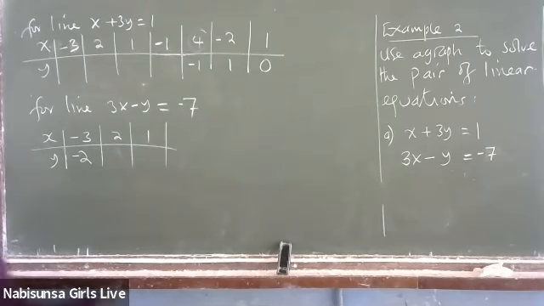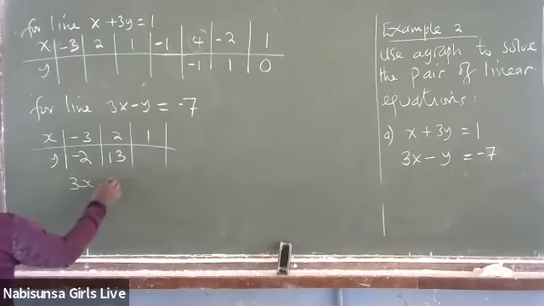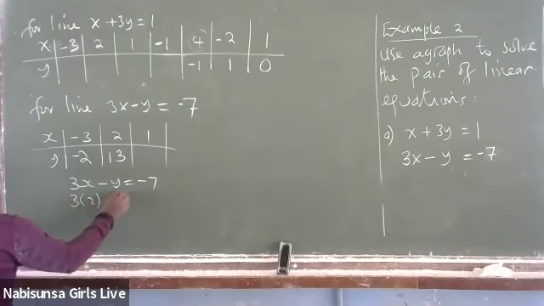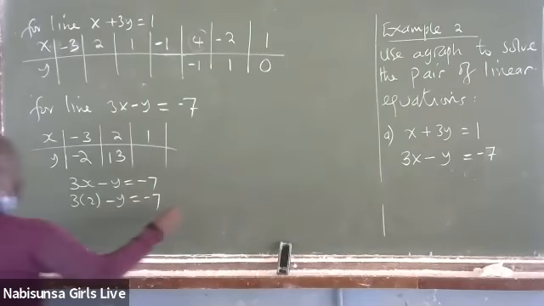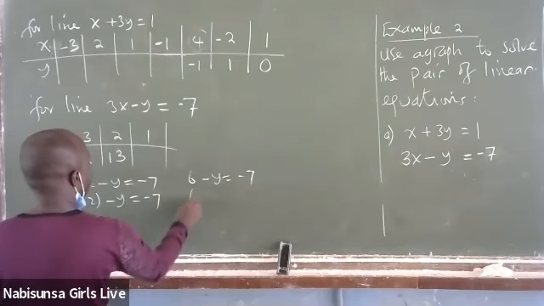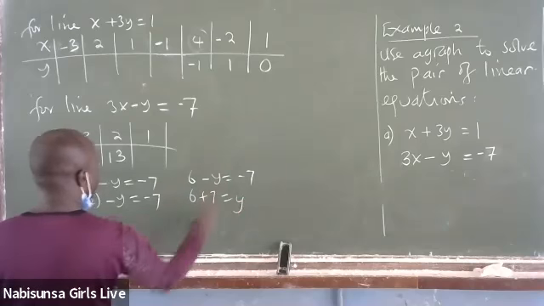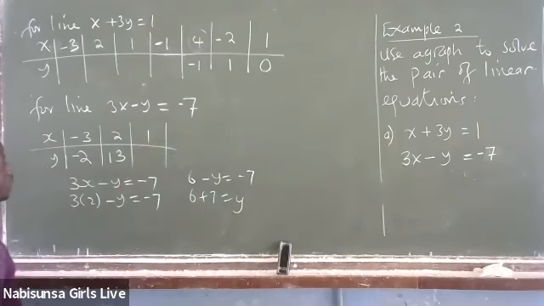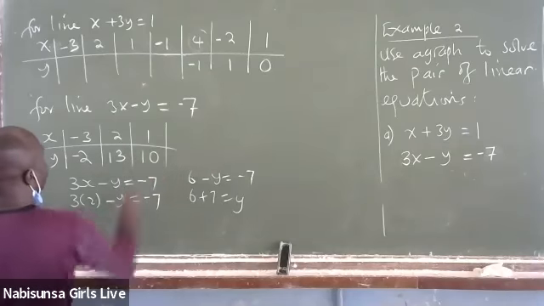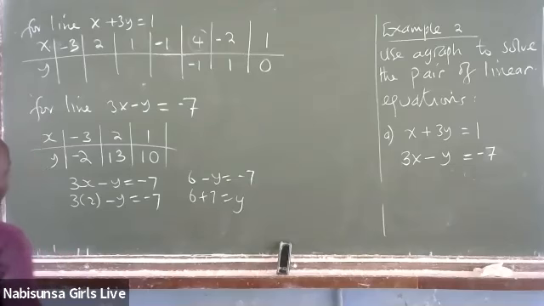Not positive 13. -7, and then 1 is 10. 3x minus 1 negative 7. When you put 2, you're going to get 6. Correct. 6 plus 7 is what? Which is 13. It's 10, eh? Great.